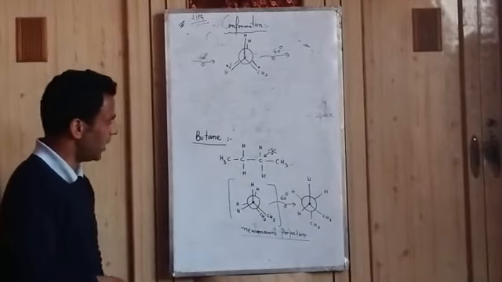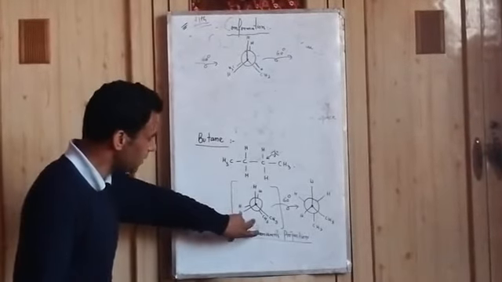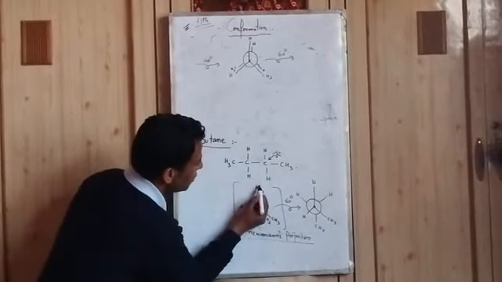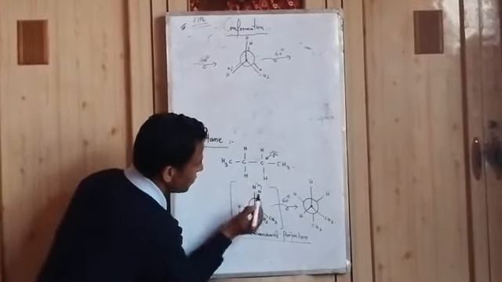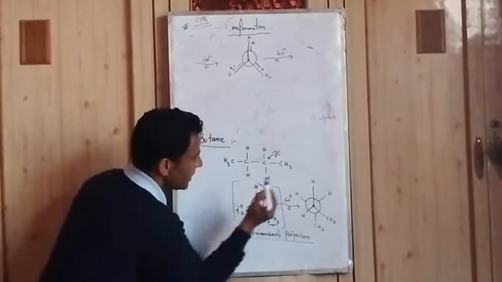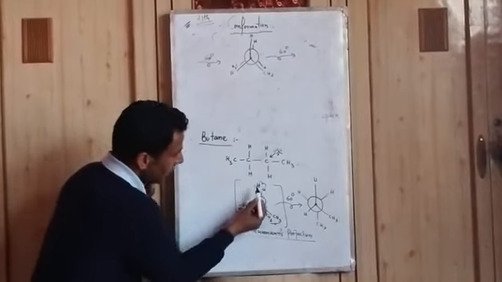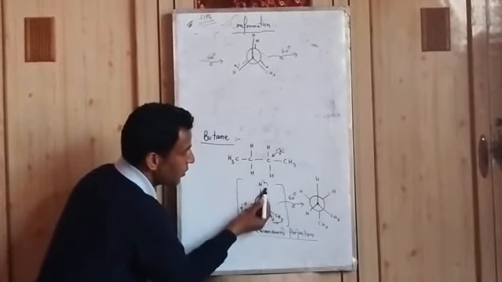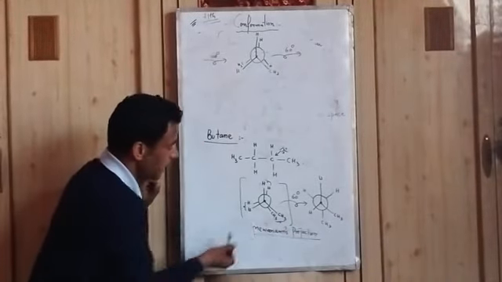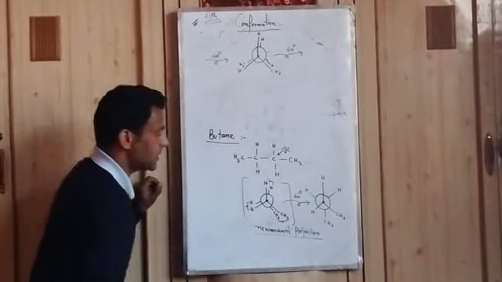Now, what is the logic behind this? This is, for example, the first structure. Now, what happens in this first structure? Two methyls are close to each other, two hydrogens are close to each other. Here the repulsion between the hydrogens is maximum, repulsion between the methyl groups is maximum.